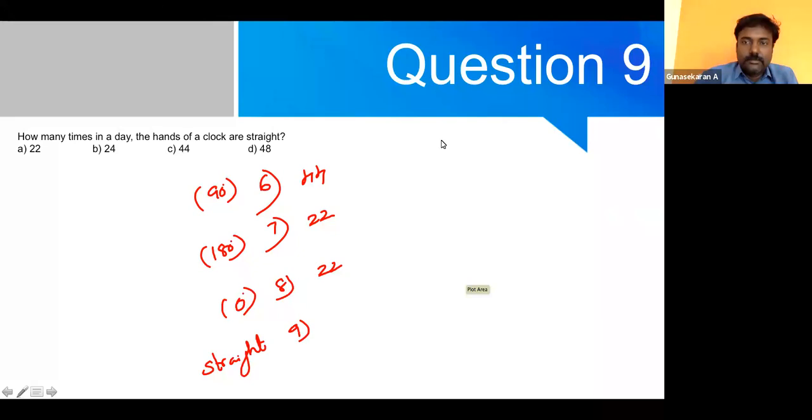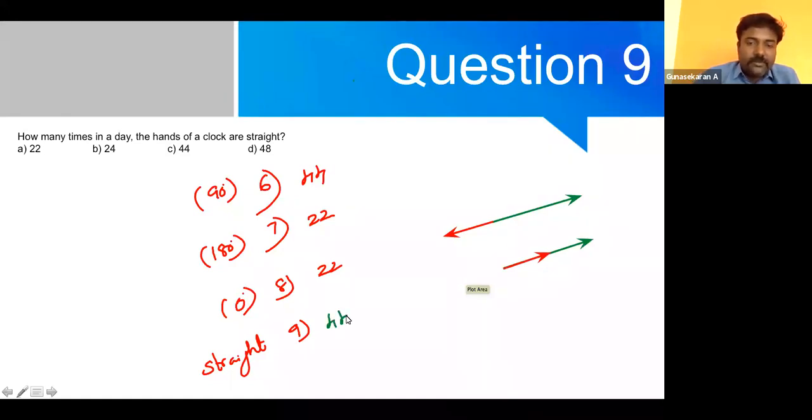Straight means both are straight only. Understand? 0 degree and 180 degree.